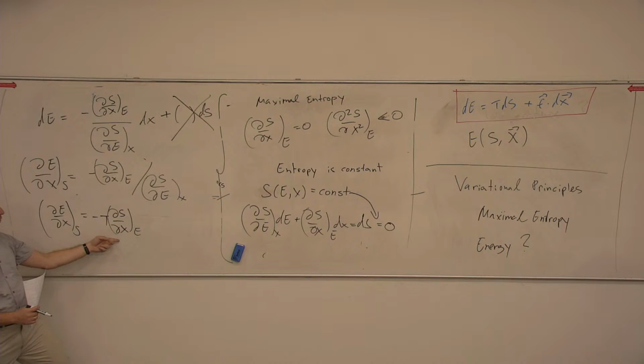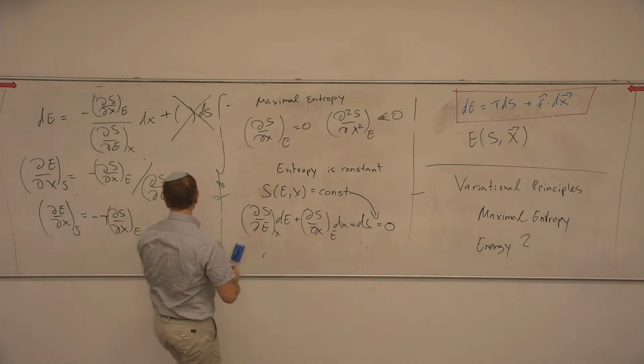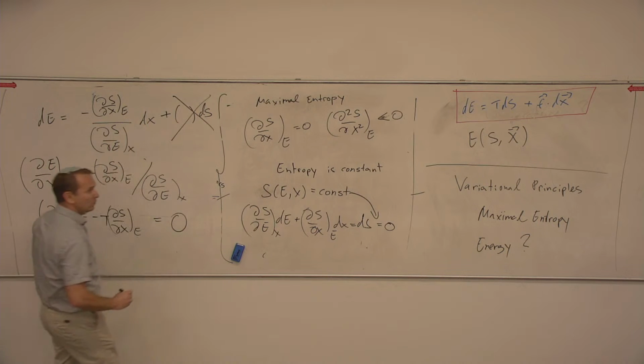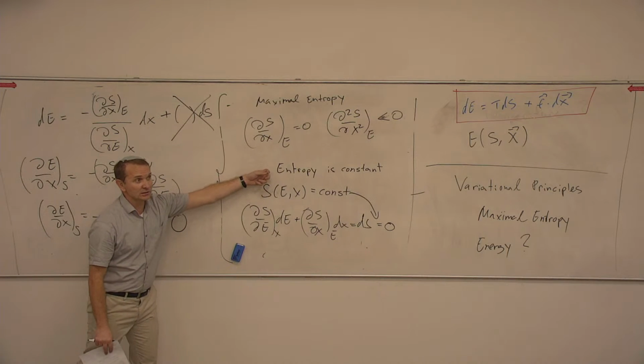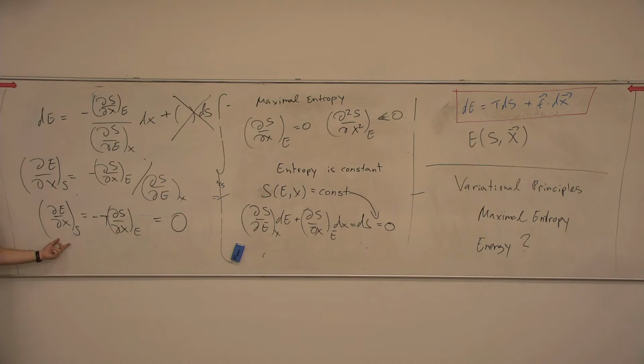Okay, so we reach this point, but what is ds/dx with constant E? 0. So all of this is 0. So at equilibrium, we know the following: the derivative of E with respect to x, when we take constant entropy, is zero, so it's maybe maximal or maybe minimal, right?